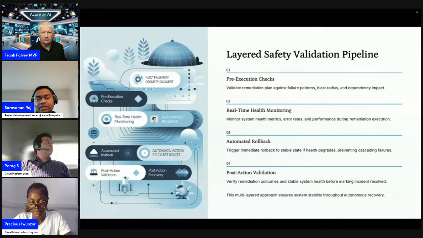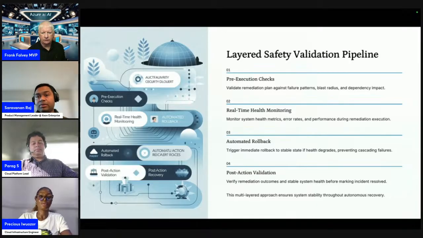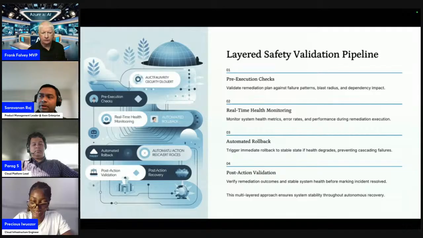If it's a Sev0 outage that is super huge and impacts multiple cloud regions, then we can define certain rules to engage a human in the loop in that scenario. But if it is a repetitive scenario, or a smaller blast radius, then the system can potentially self-heal. So that type of layered pre-execution check needs to be there as a first step.